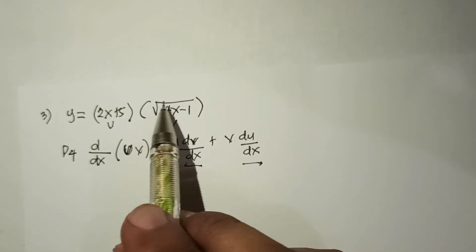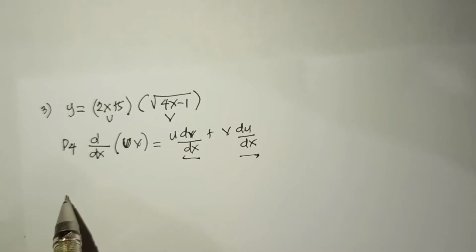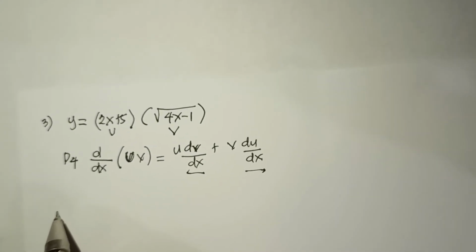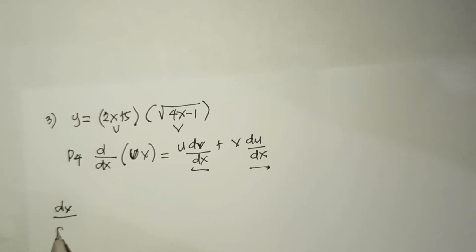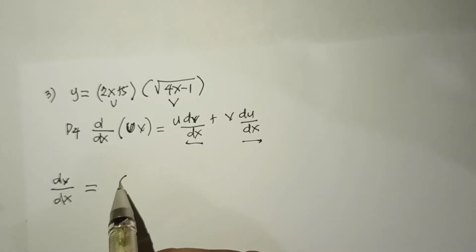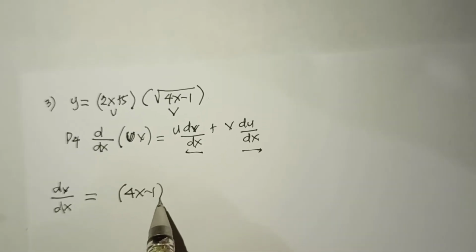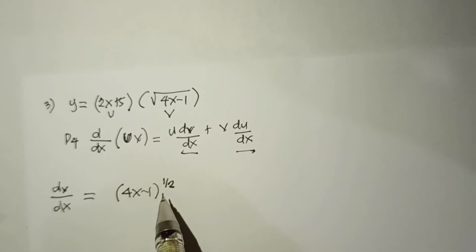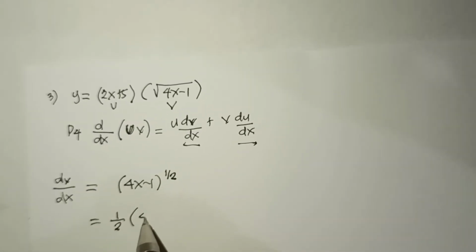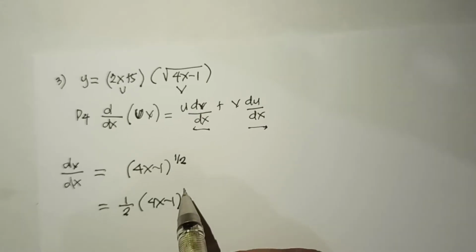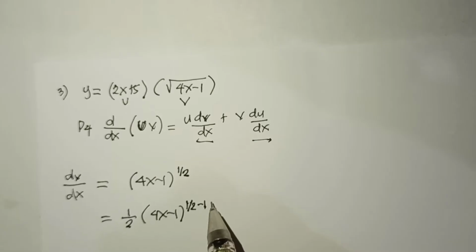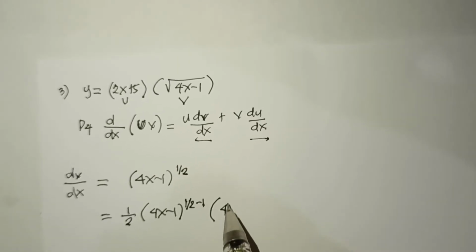So first, the derivative of v. This could be translated: the derivative of v with respect to x is equal to, this becomes, 4x minus 1 raised to 1/2. So this becomes 1/2 times 4x minus 1 raised to 1/2 minus 1, times the derivative of the inner part, which is 4.